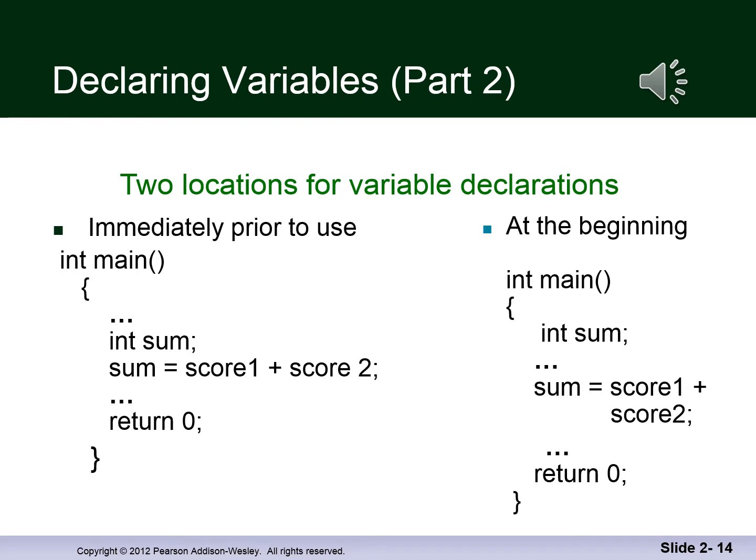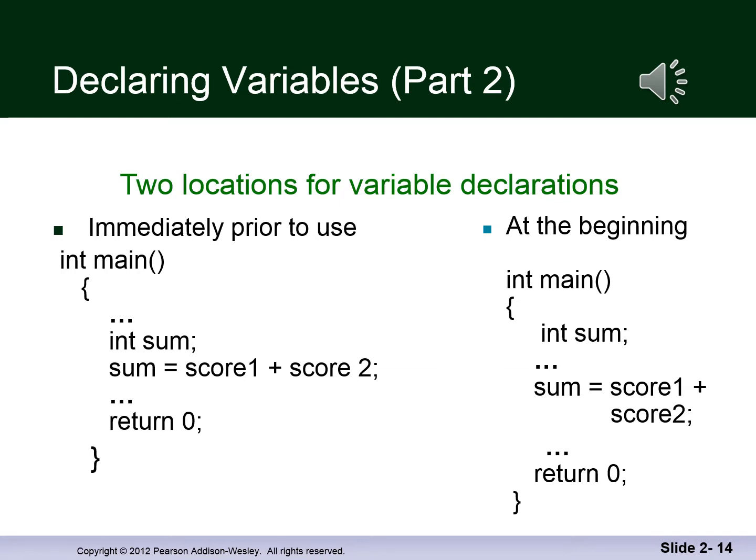You have the main program, and you might have 20 lines of code before you're going to sum score 1 and score 2 and assign those existing variable values to sum. And right before, in the line before, you might declare the integer sum.